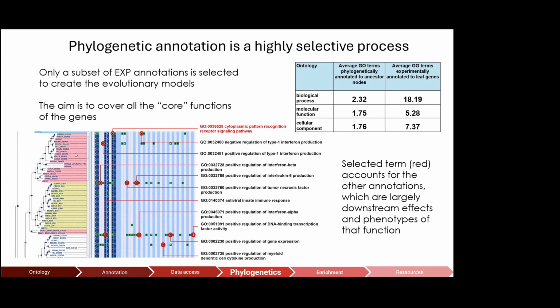So our job here is, as we have the global view, the view at the tree level, at the evolutionary level, and we have the view also at the annotation level, this helps us to decide that one term is the best term. Here in this case, we choose this one, and this one is propagated. Then, you know, Pascal showed you, you have a hierarchy, you have parent terms, you have child terms.